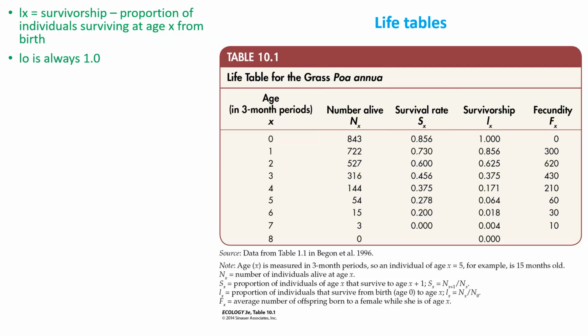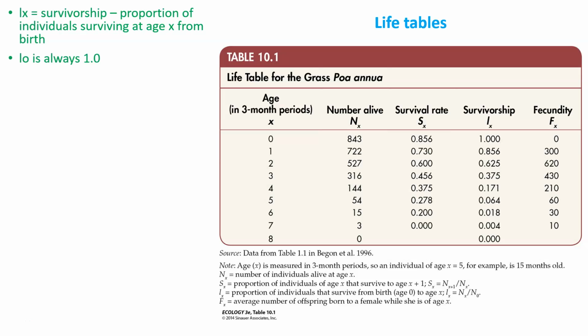Now, by default or by rule, the first age class of any population for any life table should be 1. Now, you should have understood by now that the survival rate will always be a fraction, always below 1, and in certain cases it could be 1. So 1 or below 1 is what the values of survival rate can take.